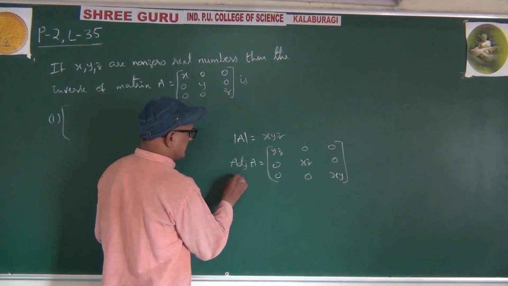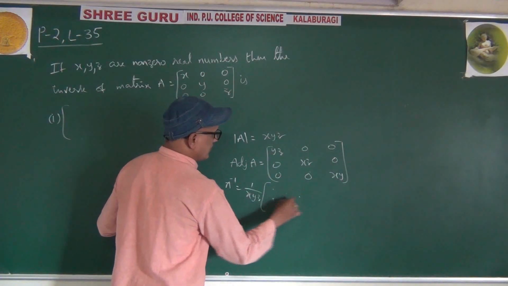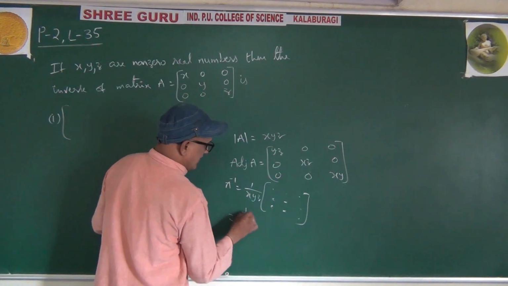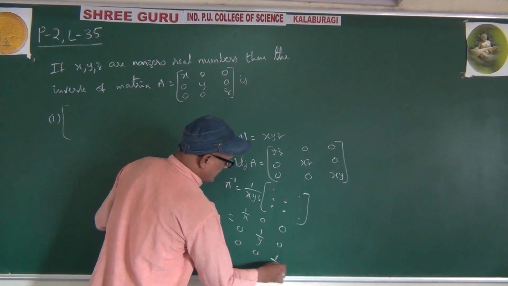Then what is A inverse? 1 by determinant A into adjoint A. Multiplying, yz cancels: 1 by x, 0, 0; 0, 1 by y, 0; 0, 0, 1 by z.